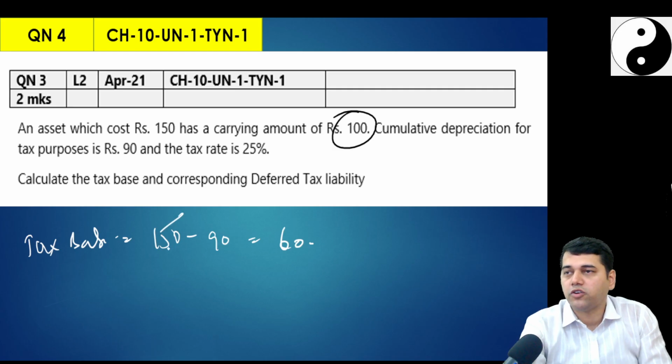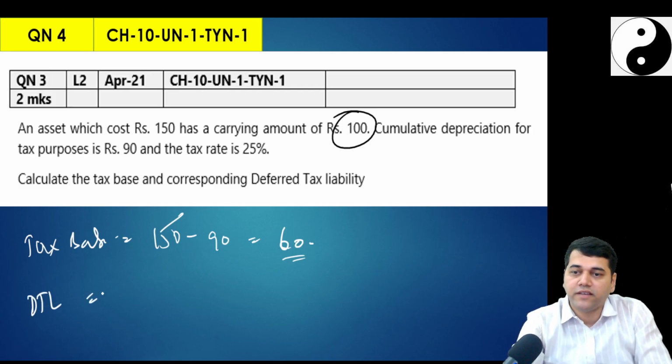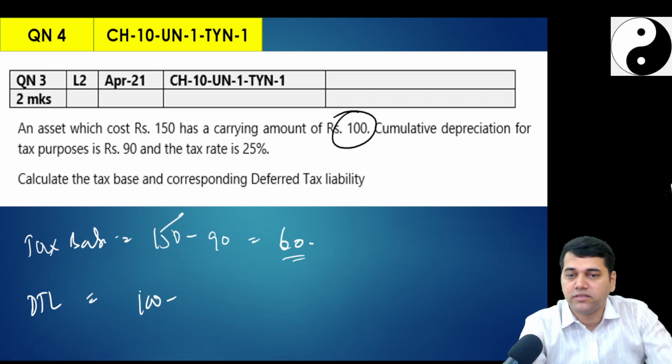See, 150 is your cost, 90 is the tax depreciation. So you have got a deferred tax liability here, right? Deferred tax liability. How much? Your book value is 100 minus tax base is 60. Correct? Book value is 100, no? Tax base is 60.